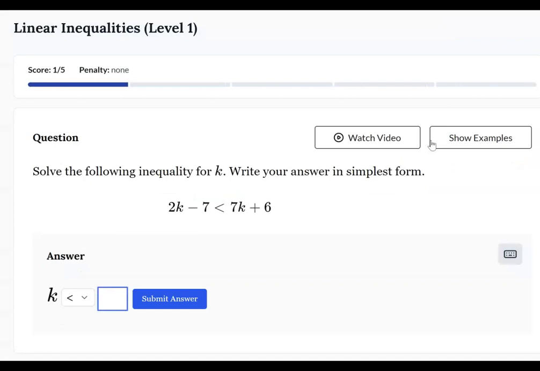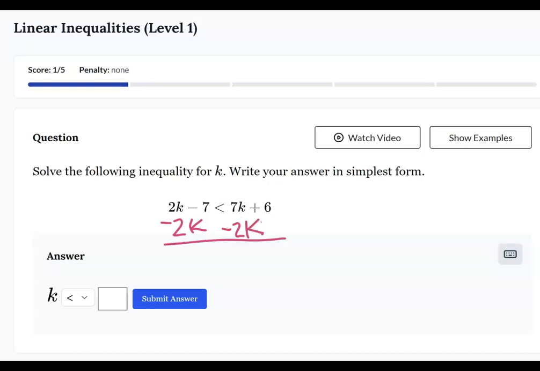Let's try another one. In this problem, we're going to get our k's on the same side first. So the first thing I'm going to do is subtract 7k from both sides. Now most of you know what to do here. So what I'm going to do is solve this problem differently so that you can see what happens if your k is on the right side, or any variable.